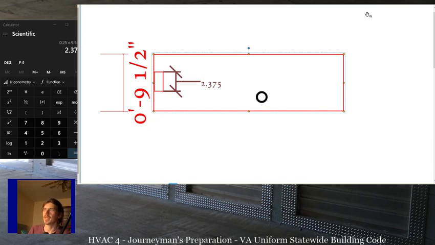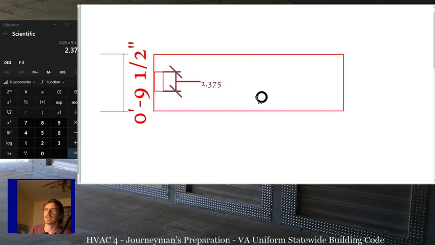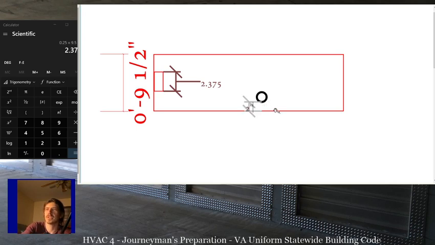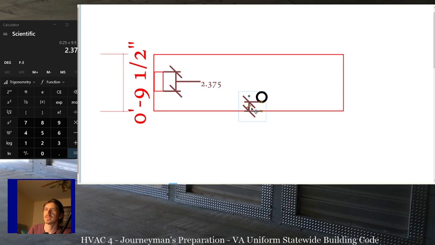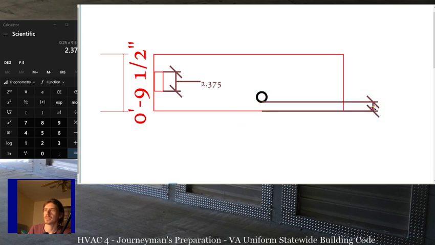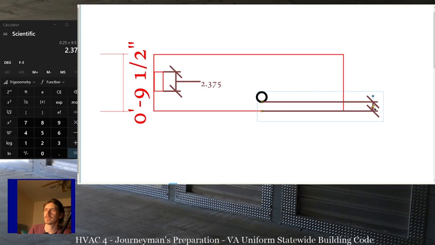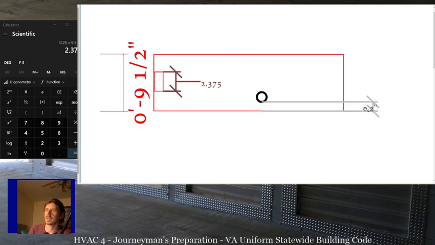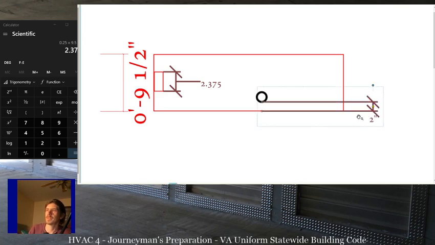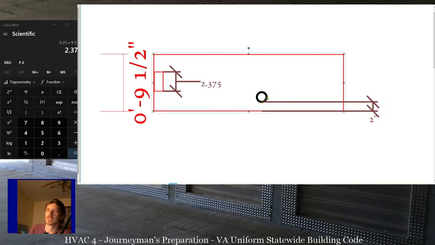And this dimension cannot be closer than 2 inches from the top or bottom of the joist. Let me fix that. It's no closer than 2 inches to the top or bottom.